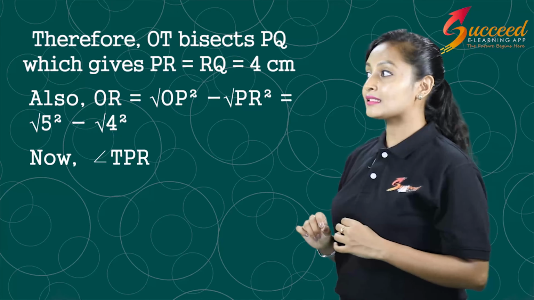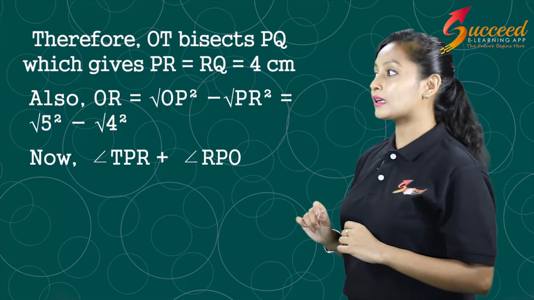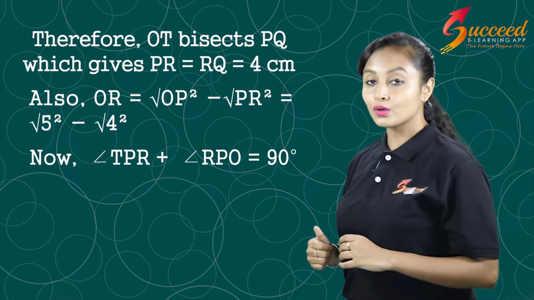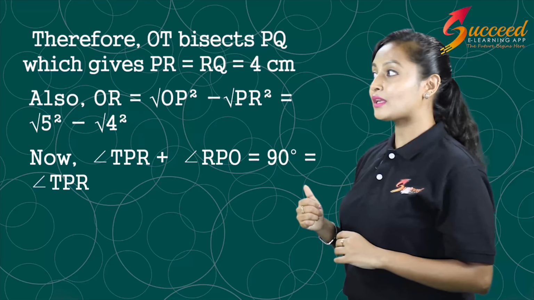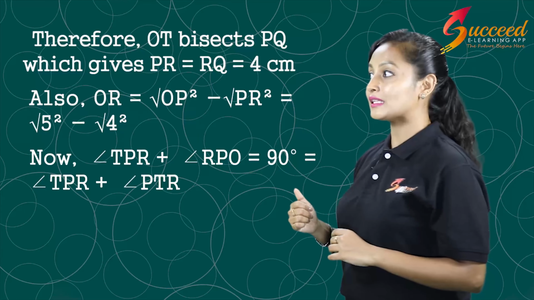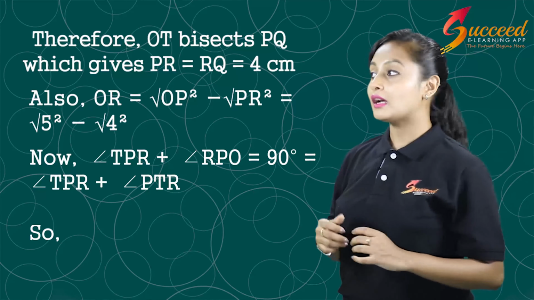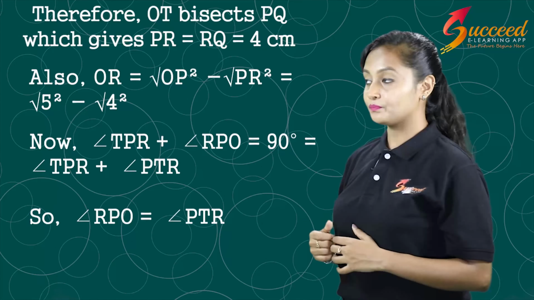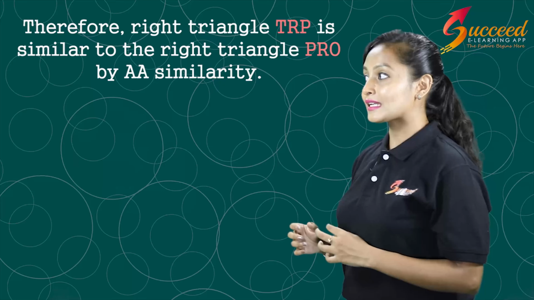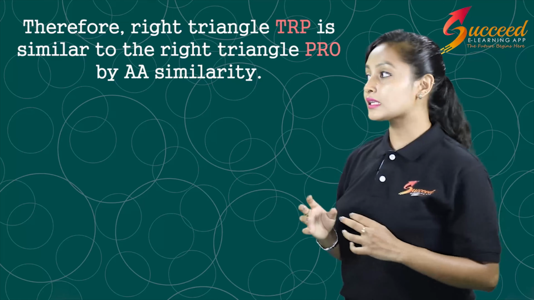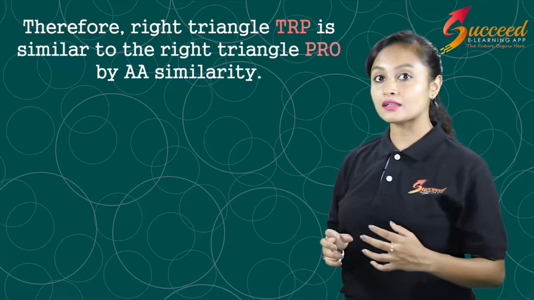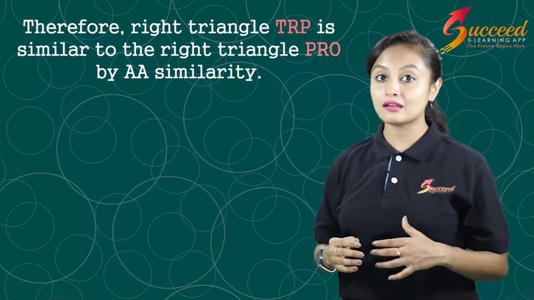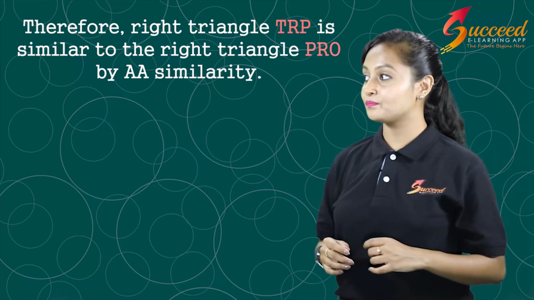Now, angle TPR plus angle RPO is equal to 90 degree, which is also equal to angle TPR plus angle PTR. So, angle RPO is equal to angle PTR. Therefore, right angle triangle TRP is similar to the right angle triangle PRO by angle-angle criterion, which we had learnt in the triangles chapter.